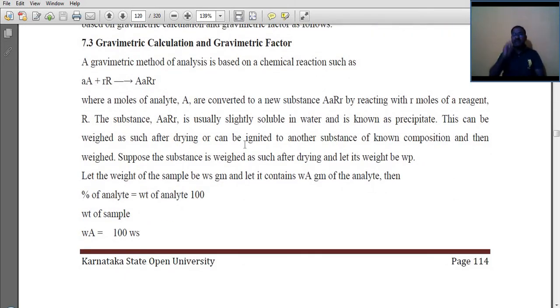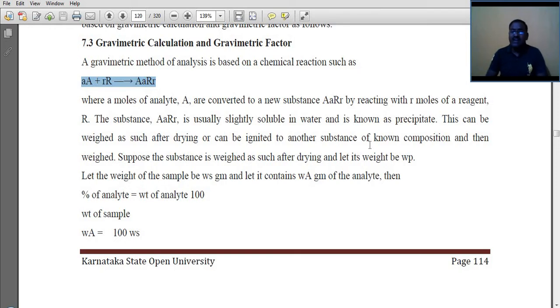Consider a simple chemical reaction. A reacts with R, and we get AR. Here A represents the analyte, R is the reagent, and small a and small r indicate the moles of analyte and r moles of reagent respectively.